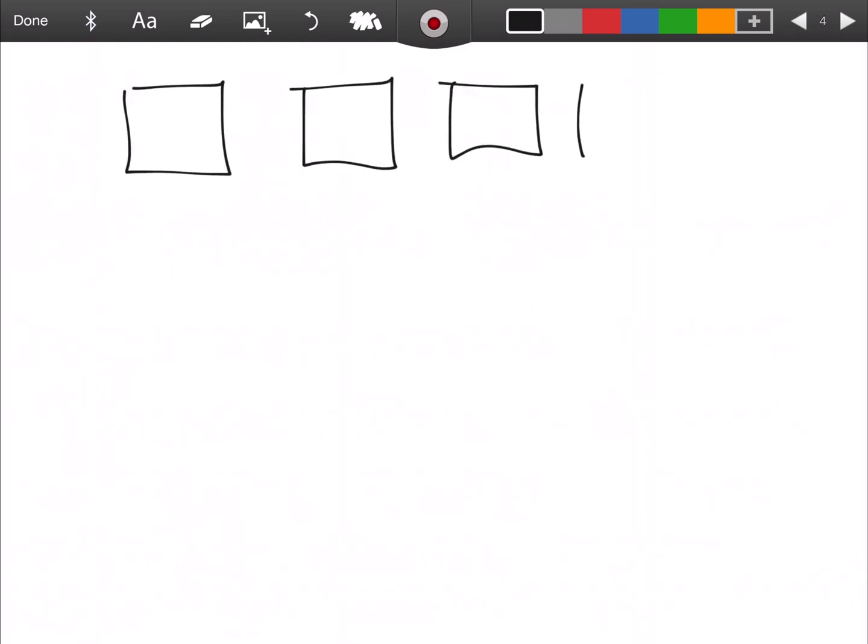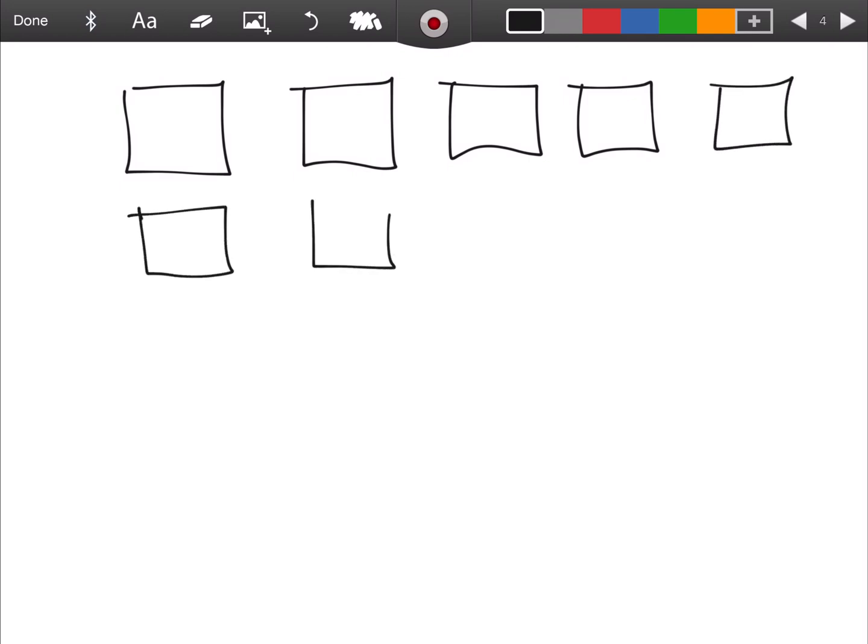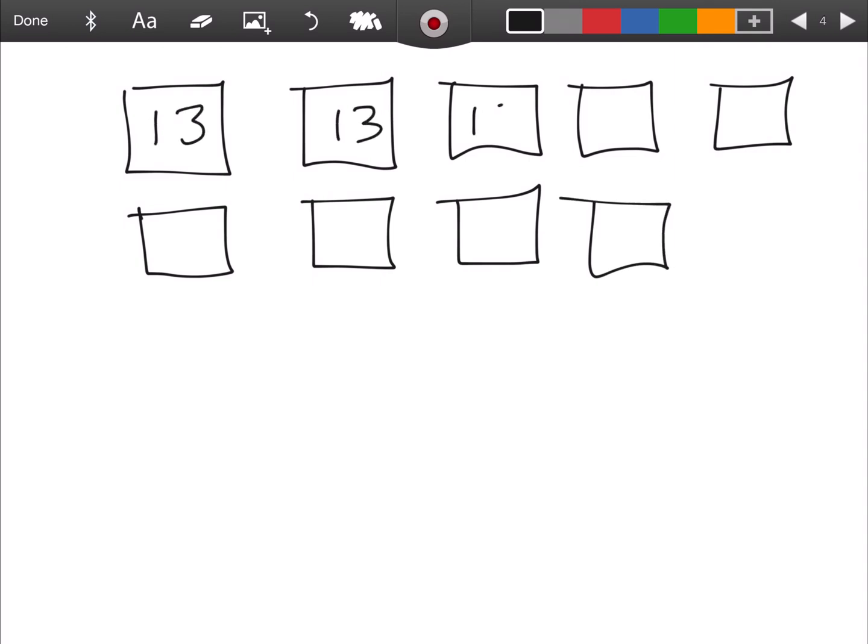So, in this problem, you would show me that you understood that it was 9 different games that they played, and in each game they scored 13 points. And you could add these up, or you could multiply them.